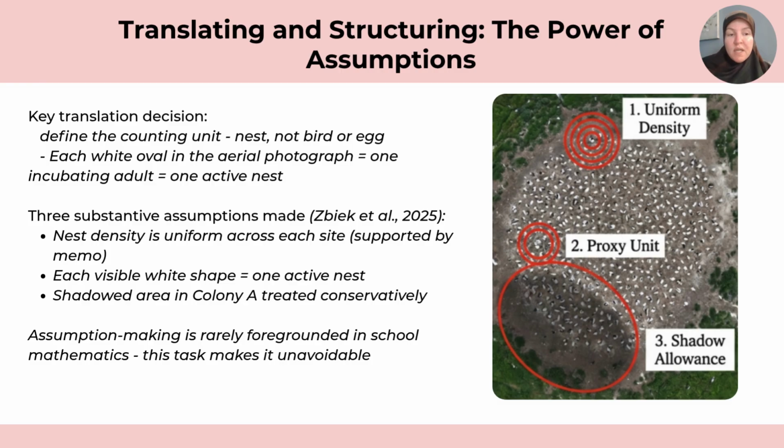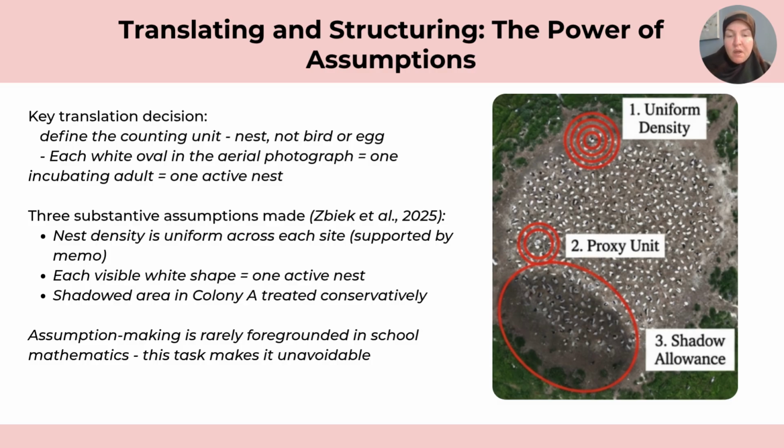We chose to count nests and treated each visible white shape in the aerial photograph as a proxy for one active nest. This is where the task is genuinely strong, and I want to be specific about why. Using Speak 2025 framework for analyzing modeling tasks, this task calls for substantive assumption making, not just looking up a typical value, but making judgments about features of the context itself.